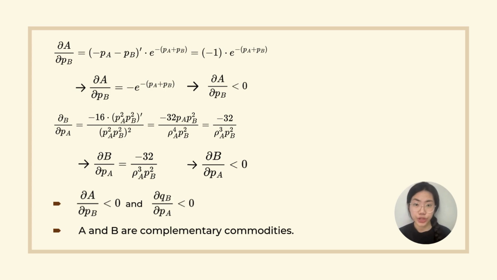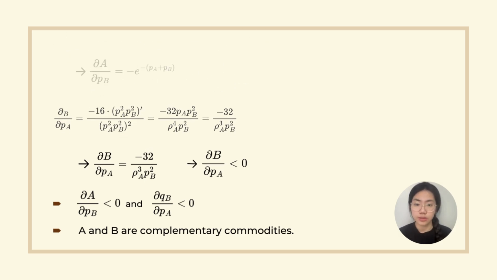In economic terms, this means that an increase in the price of one good will lead to the decrease of demand in the other good. A classic example is between sugar and coffee. When the price of coffee rises, people may drink less coffee, which leads to the decrease in sugar consumption.